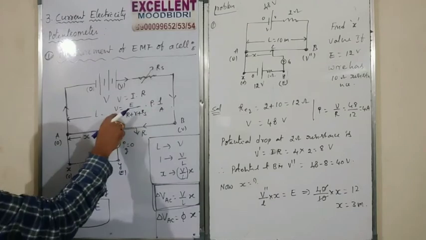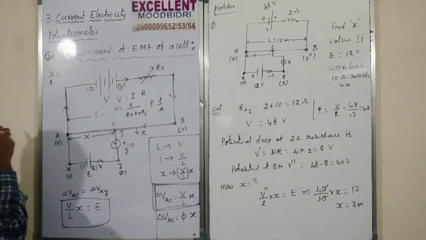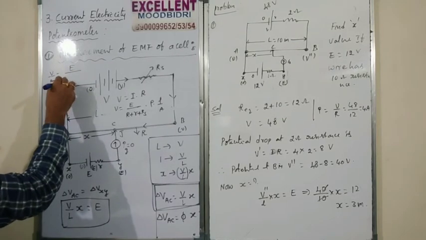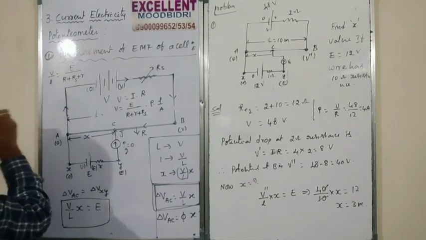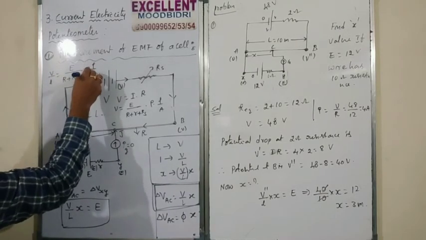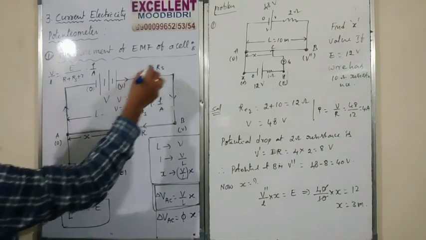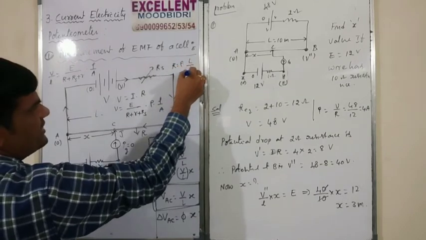This L you can transfer to that side. Therefore, V by L is equal to E divided by R plus RS plus small r, into rho by A. I can write rho by A from the formula R is equal to rho into L by A.